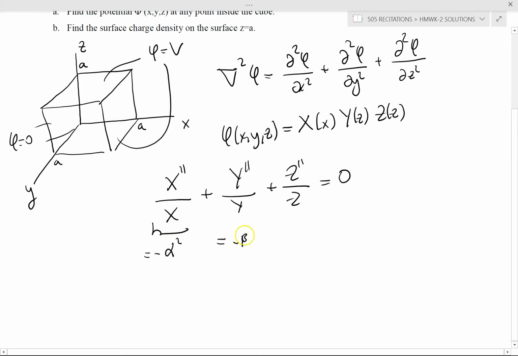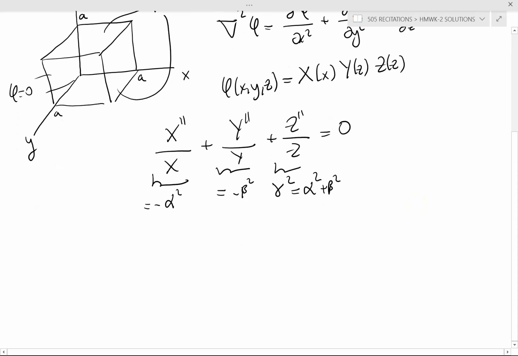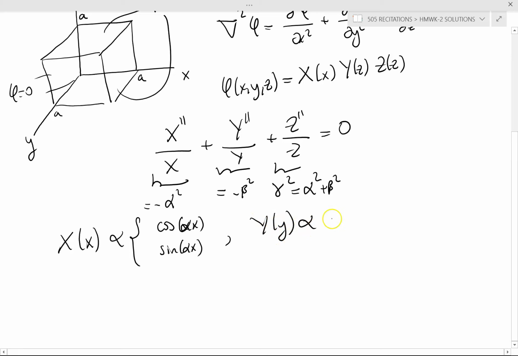Which means that this is nothing but gamma square, which is equal to alpha square plus beta square. And if this is the case, X can have two different solutions independently, and a similar argument is valid for Y.